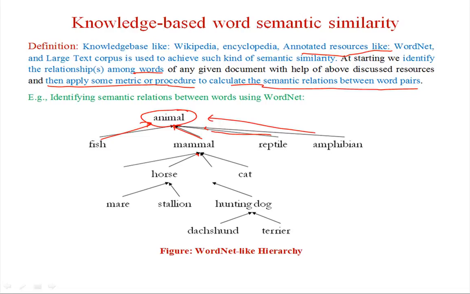So the first part of such a system is to use WordNet or some annotated knowledge base to identify the relations among the words in the given document, and with these it prepares a hierarchy or sometimes a graph.